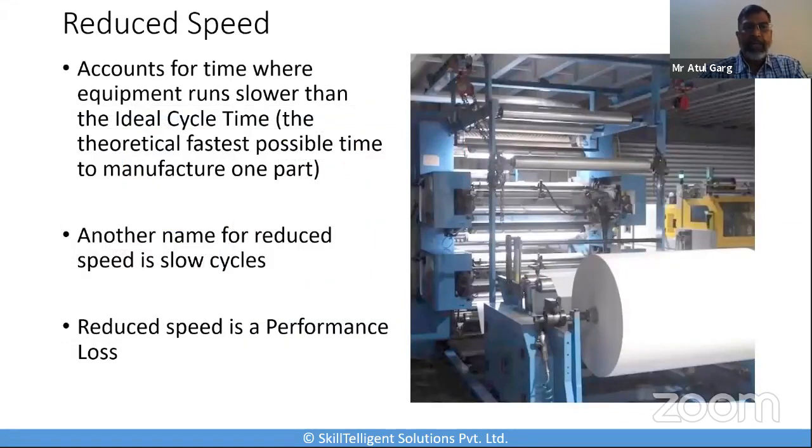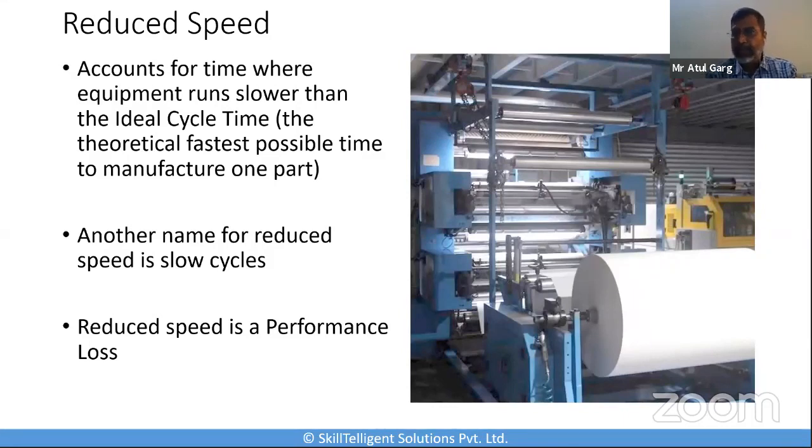So that is what he talks about. The next we move on to is reduced speed. So when reduced speed comes in, this is something which accounts for time where the equipment runs slower than the ideal cycle time. That is the theoretically fastest possible time the manufacturer has identified. Okay. Now, this could also be said to be nothing but slow cycles, and reduced speed always results in performance loss.